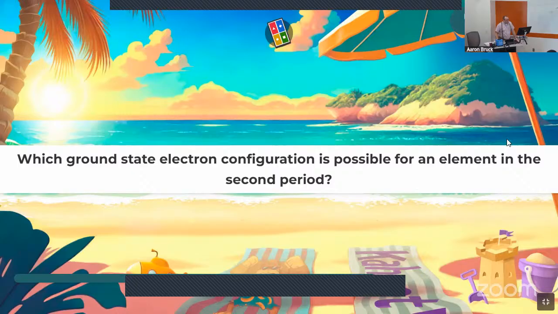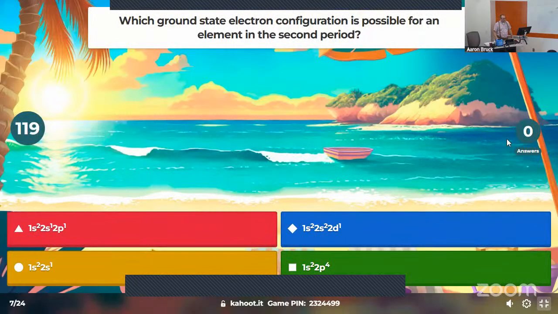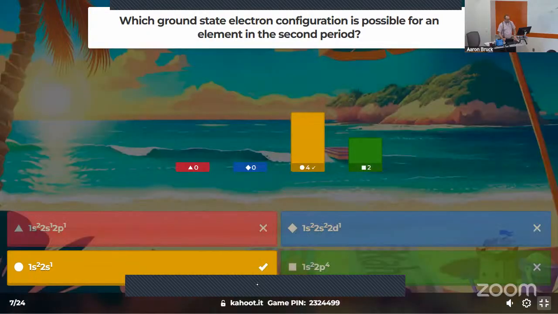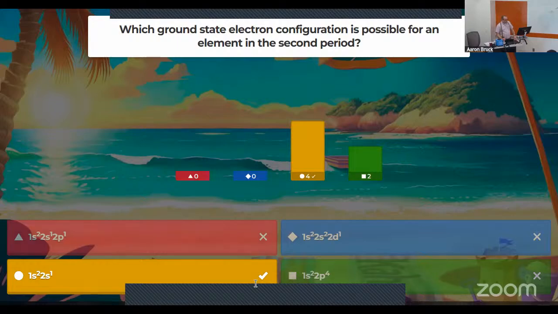Which of the following ground state configurations is possible for an element in the second period? Okay, mostly on the right track.